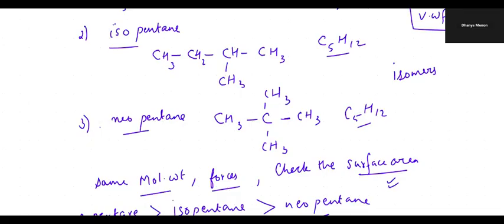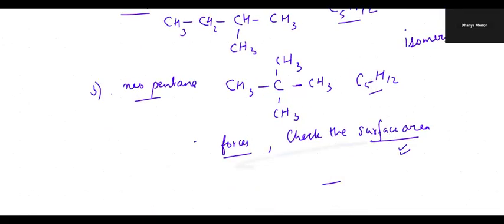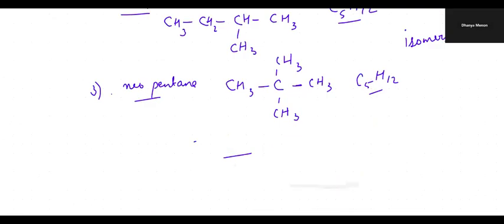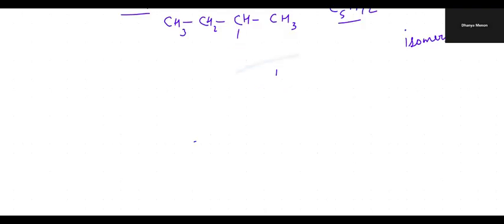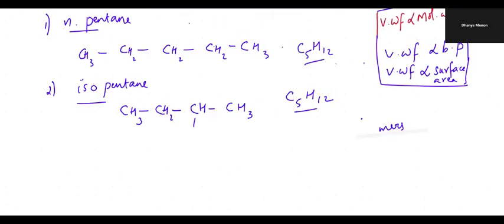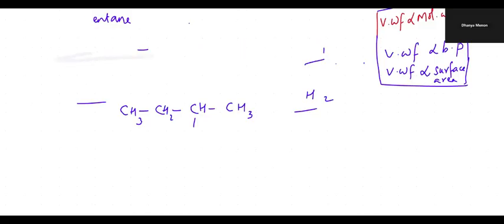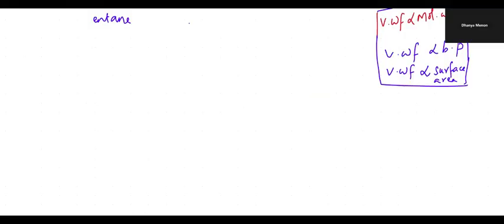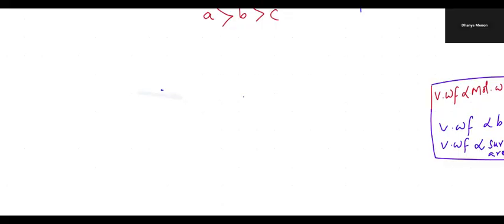Similarly, don't worry about how to write the isomers, because we haven't done the organic lesson yet. We will be doing it, and you will understand how to draw. For now, just remember the conditions. Conditions are very important.